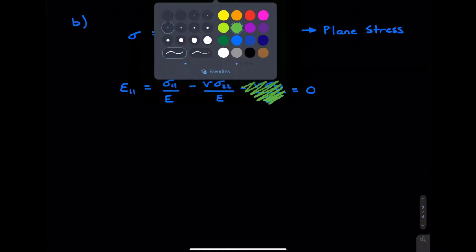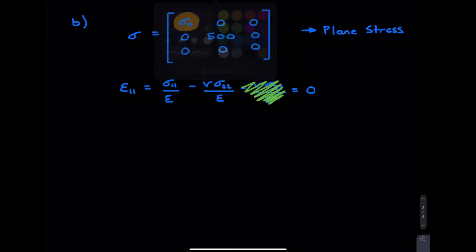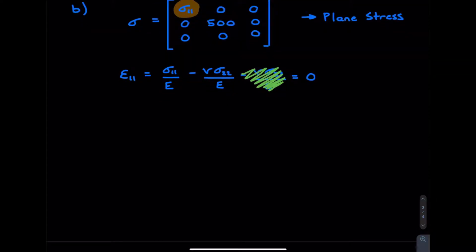And I'm just going to switch my pen again. I can say that, all right, well, I know that sigma 1,1 divided by E is going to be equal to Poisson's ratio times sigma 2,2 all divided by E. I have E on both sides, I can simply cancel it out. Therefore, my sigma 1,1 is going to be equal to V times sigma 2,2.